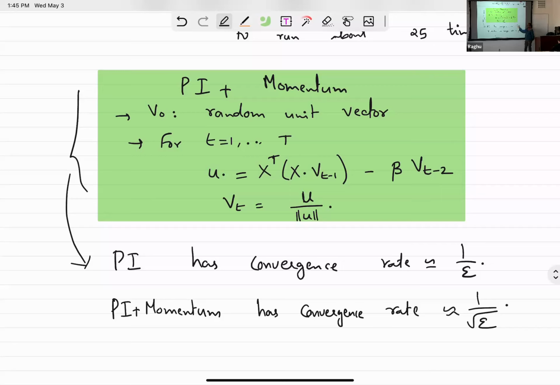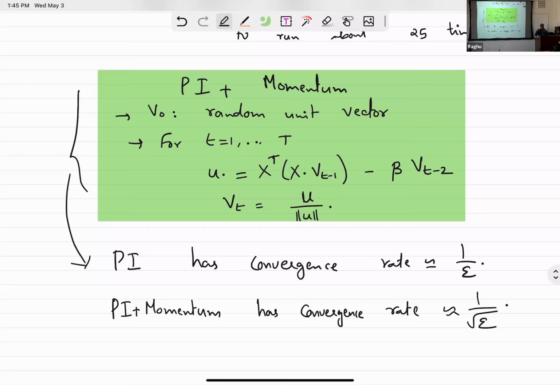If you did Nesterov's accelerated, you had a quadratic boost. You can get a quadratic boost even for power iteration as well. But I think it's a lot more brittle. The assumptions have to be much stronger here. The gap dependence is much worse.